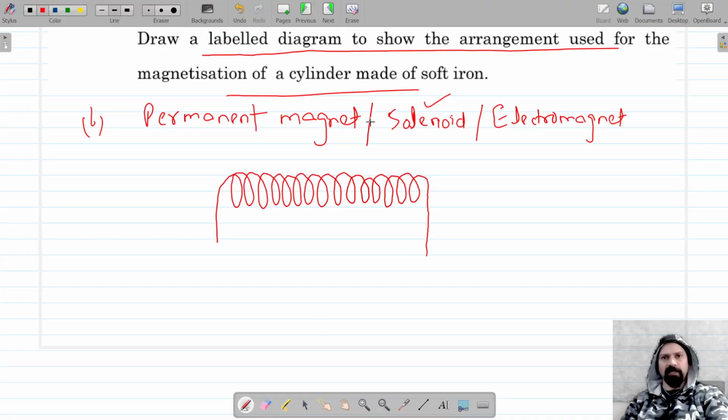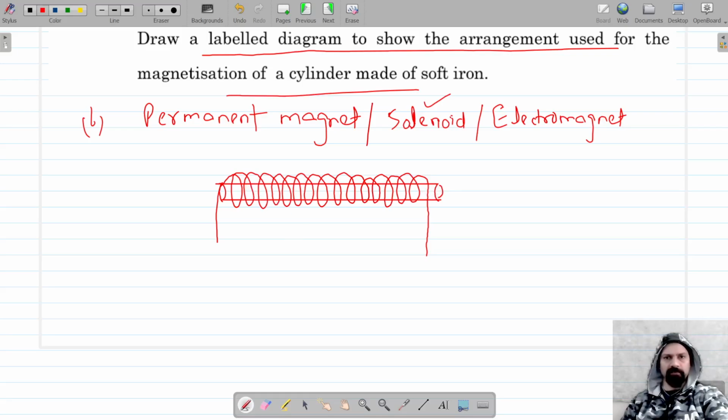And to magnetize a cylinder made of soft iron, we are going to insert that soft iron inside the solenoid. So this is soft iron inserted inside the solenoid.